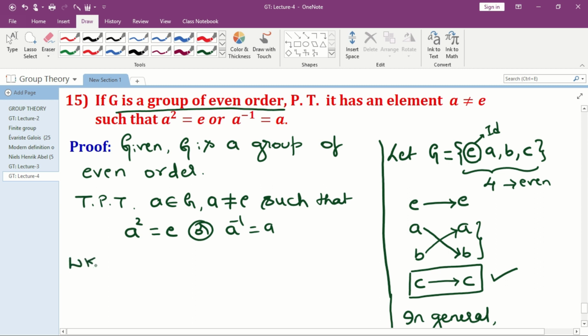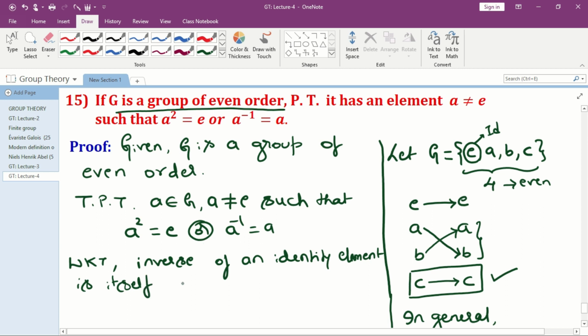And from this example, we note that the inverse of the identity element is itself, and every element of G has a unique inverse.